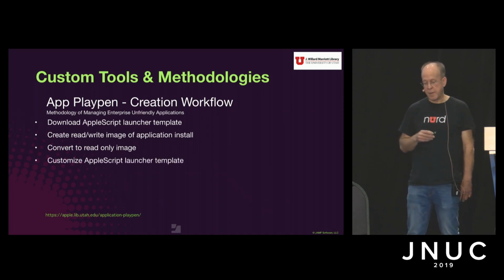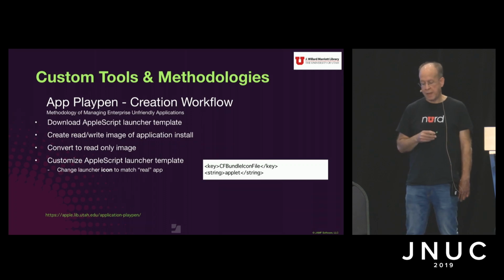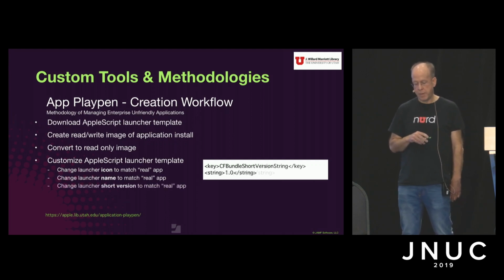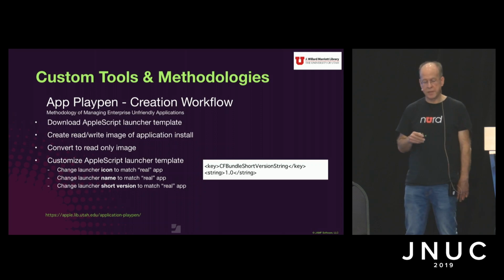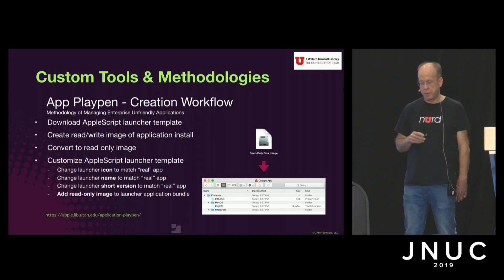Then you want to customize our AppleScript launcher. You want to modify the icon to appear as the real icon. You want to modify the launcher name to match the real application's name. You want to modify the bundle short version to match the real application's bundle short version. You want to add your read-only image to the launcher bundle, and then you can distribute that application to your users.